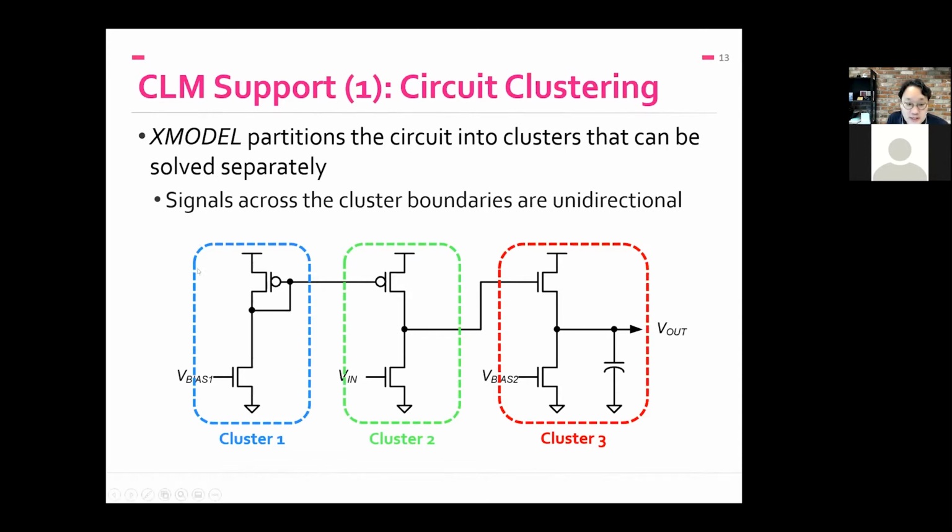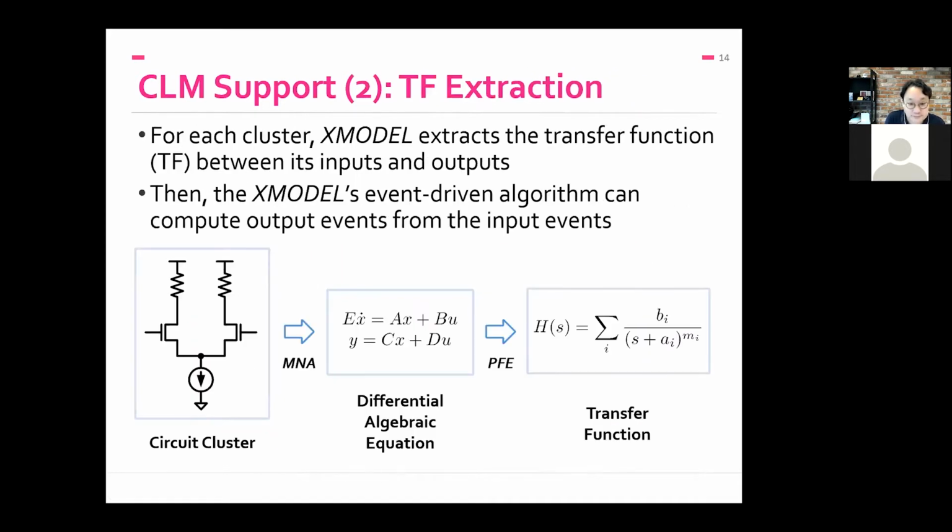And what you notice is that signals crossing these cluster boundaries are in fact traveling in a unidirectional fashion. So between clusters, what you have is a signal flow model. Now the remaining question is, how do I describe the behavior of each cluster between input and output?